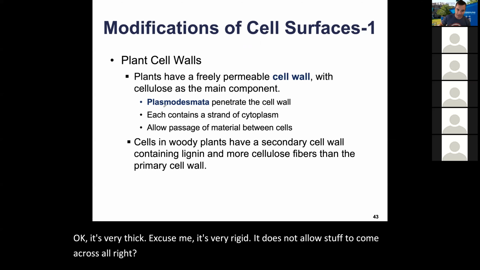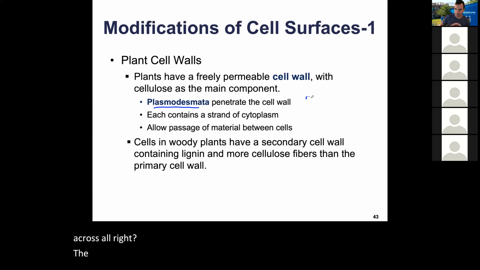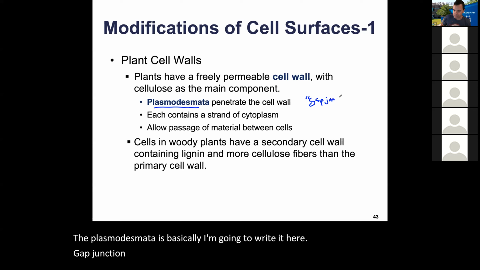The plasmodesmata is basically, I'm going to write it here, a gap junction for plants.